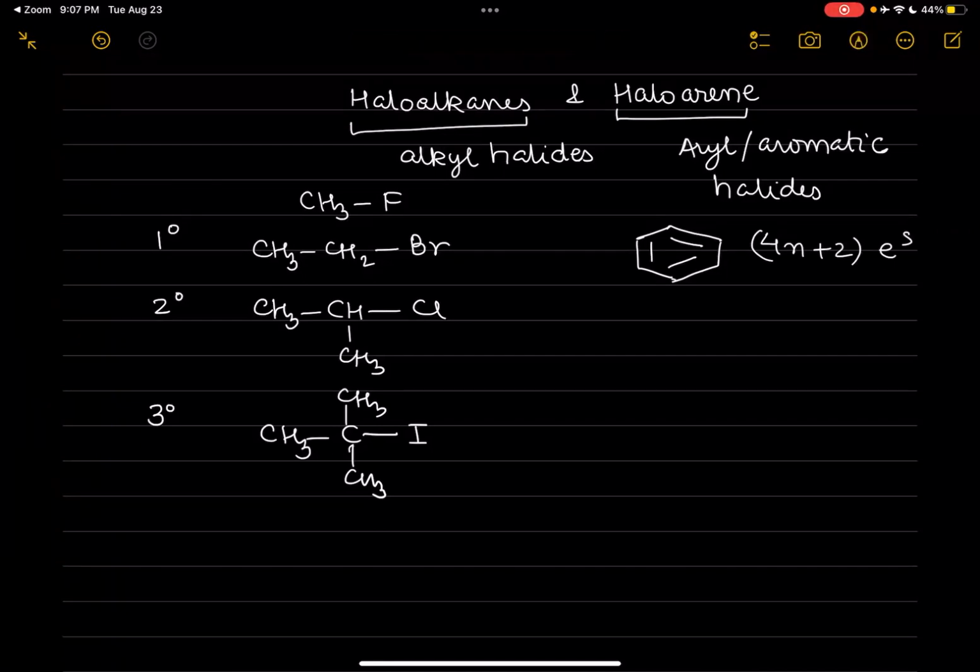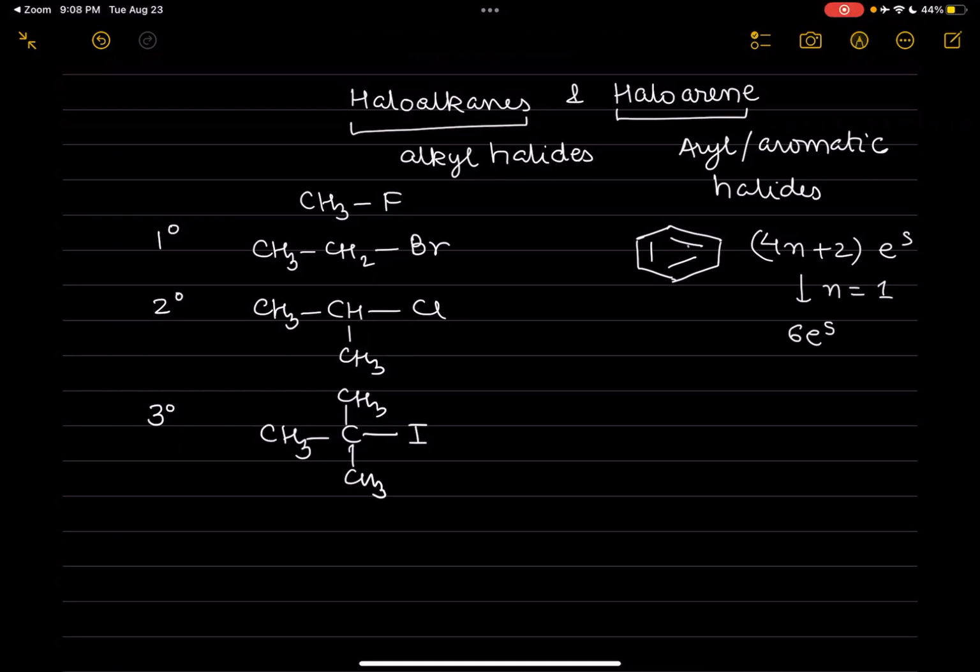You can put different values of n, 0, 1, 2, 3, and you will get the number of electrons. For example, if you put n equal to 1, it indicates 6 electrons. There are 6 pi electrons in the benzene ring, which are moving in a cyclic manner.